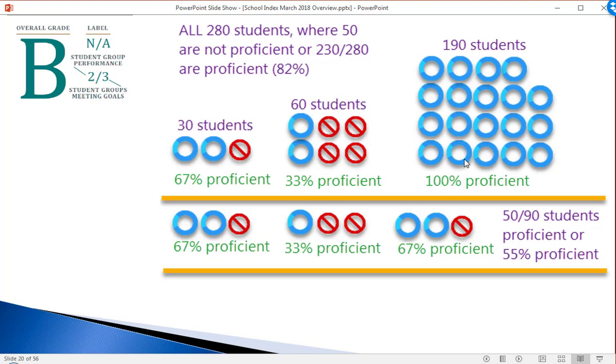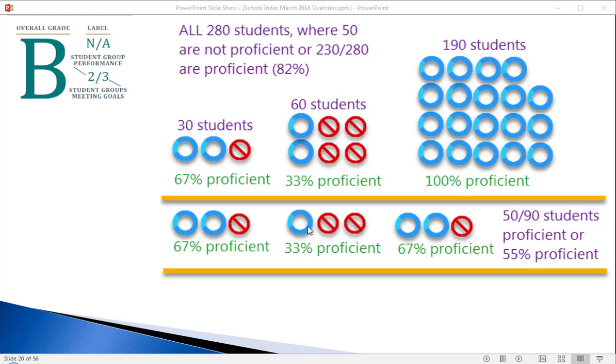However, for my largest group that had 100% proficient, we actually do what's called a proficiency capping. So what MDE is doing is they're ignoring a third of the proficient students if the target was set at 67%. So in this fictitious example, the target was 67%.